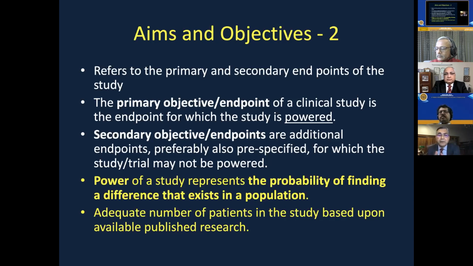So what is the power of a study? It represents the probability of finding a difference that exists in a population based on the number of the study population that you choose. So an adequate number of patients in the study, based upon the available published research, is the way to use the power, and there are many formulas.